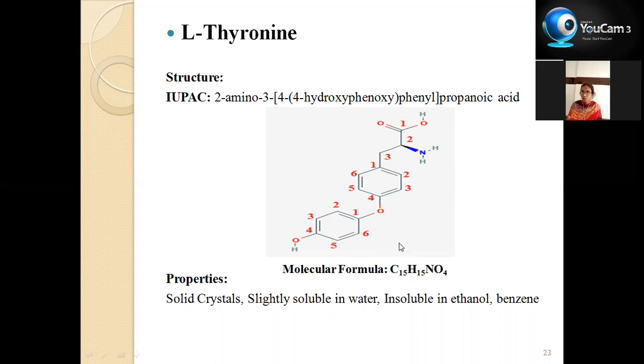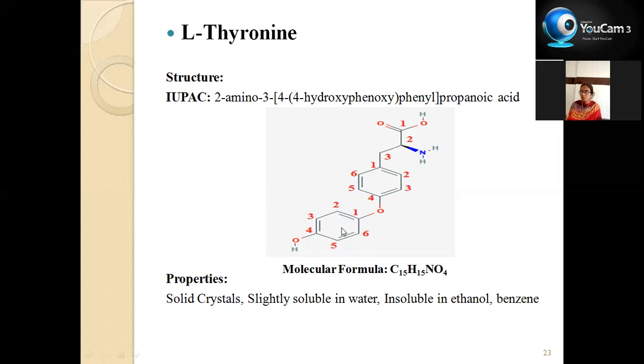See here in the structure, this is a propionic acid. How many carbon atoms are there? 1, 2, 3. Three carbon atoms means propyl. In the second position, an amino group is there, so 2-amino. In the third position, this phenyl is there. And again in the fourth position, 4-hydroxyphenoxy is there.